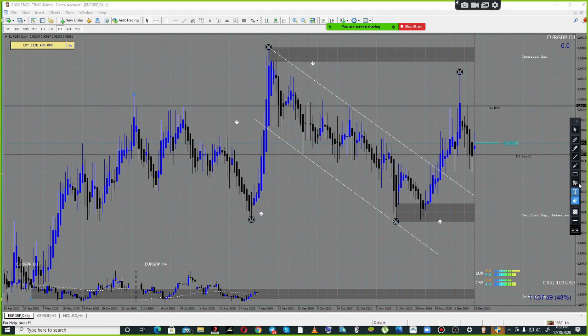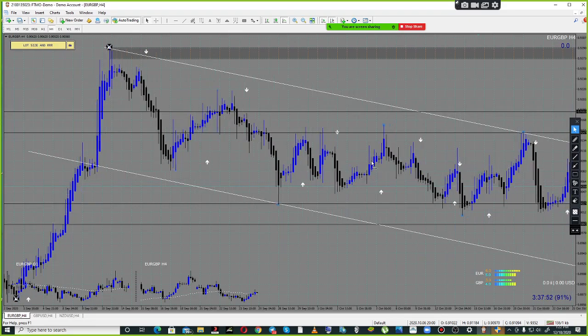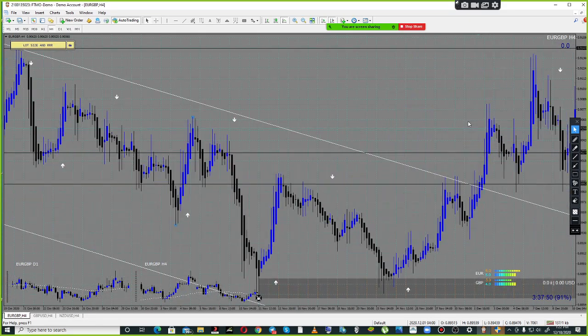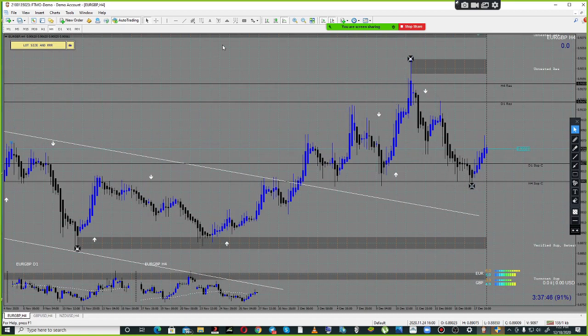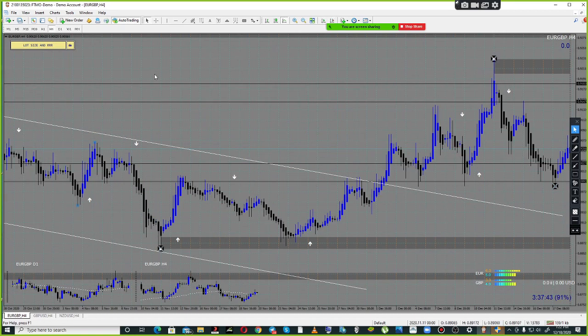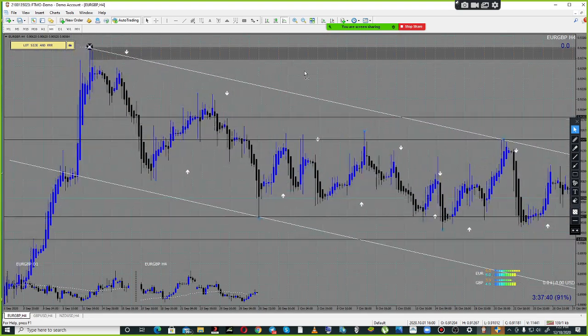Those moves on the daily, if I go to the 4 hour, take a look at this. It means the trade I was focusing on were sellers.